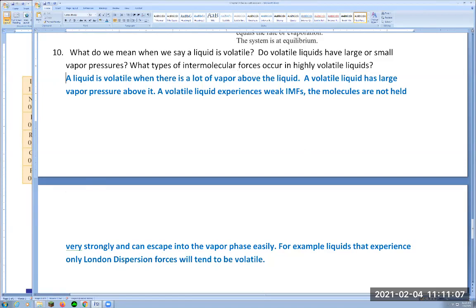For example, liquids that experience only London dispersion forces will tend to be volatile. And we know that liquids that experience only London dispersion forces are liquids that are non-polar. So yes, non-polar liquids will tend to have a lot of vapor pressure above them and be volatile.